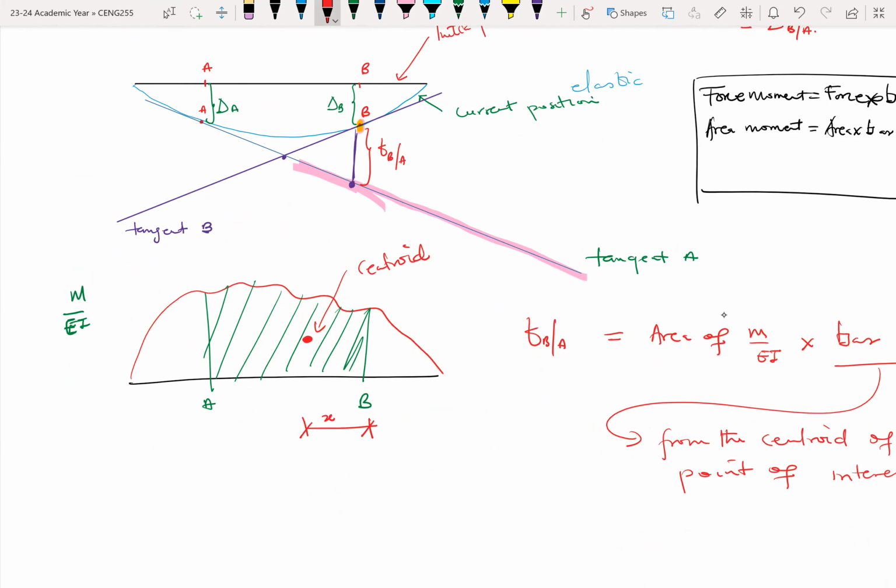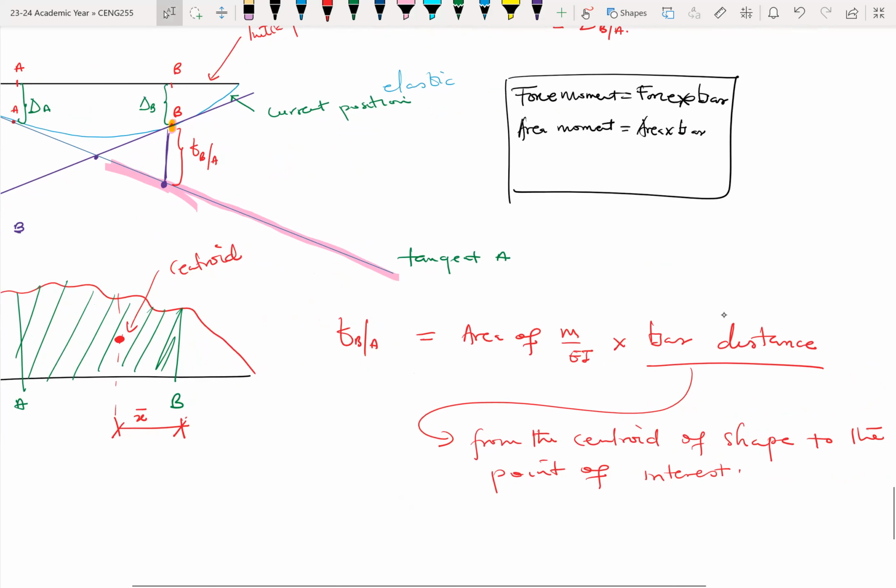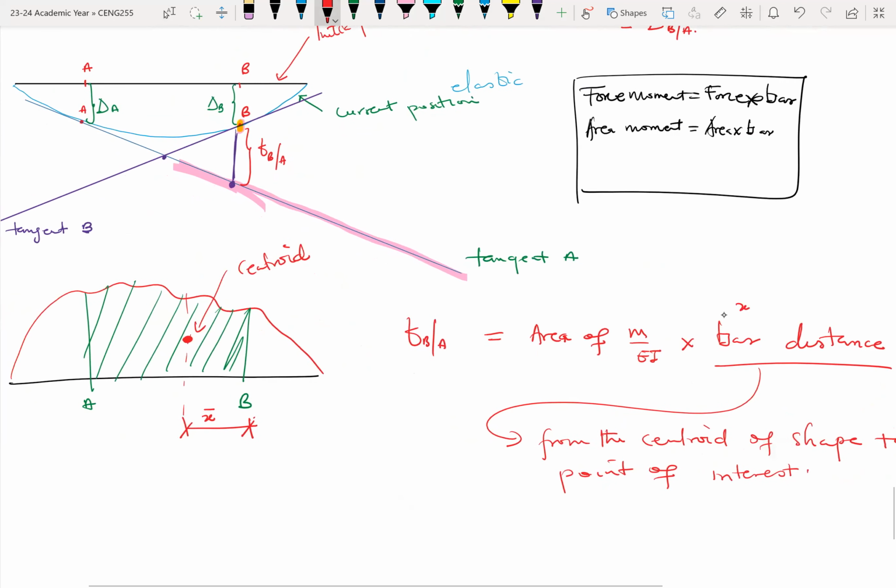Let me call it X bar. So from the centroid to B becomes X bar, which means that TBA, or TB slash A, equals the area of the M over EI diagram between A and B times X bar.